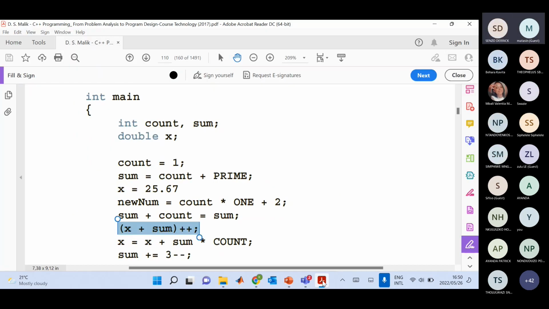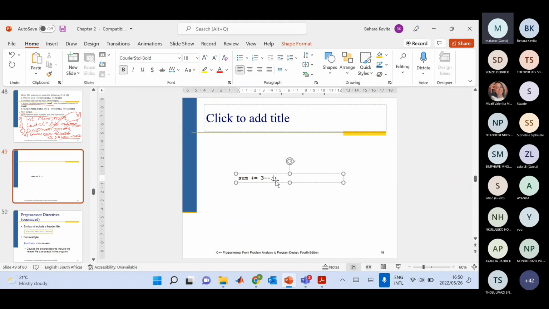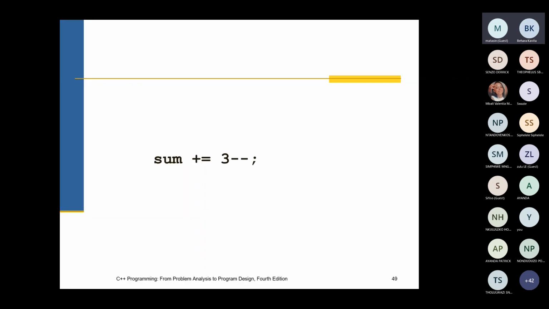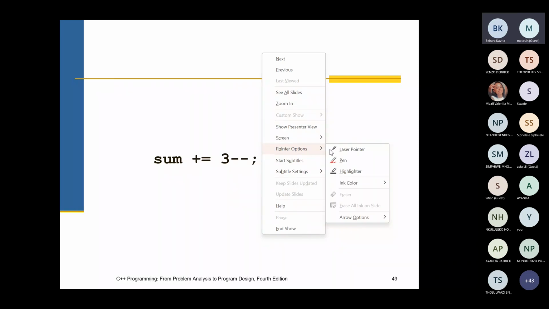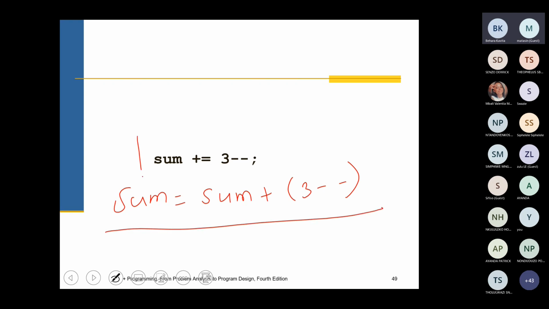Sorry guys, I copied the wrong one. I'm supposed to copy this. Okay, the meaning of this is sum equals to sum plus 3 minus minus. This is the meaning of this sentence.